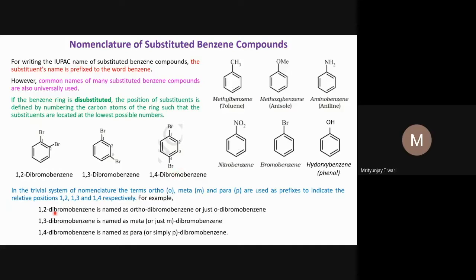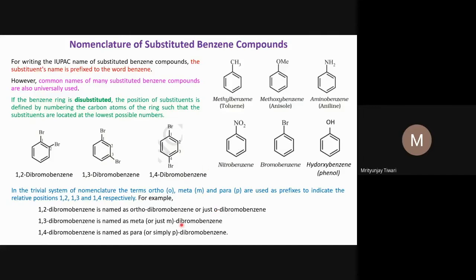So this 1,2-dibromobenzene can be renamed as ortho dibromobenzene. This is the ortho disubstitution. Or in place of ortho we simply write o-dibromobenzene. The o means ortho, and it means these two bromo groups are on adjacent carbons of the benzene ring.